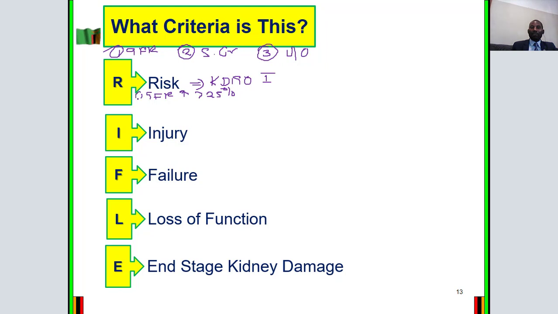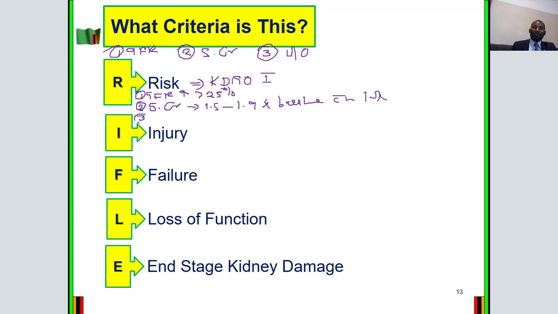Number 2, serum creatinine increases 1.5 to 1.9 times from the baseline within 1 week.